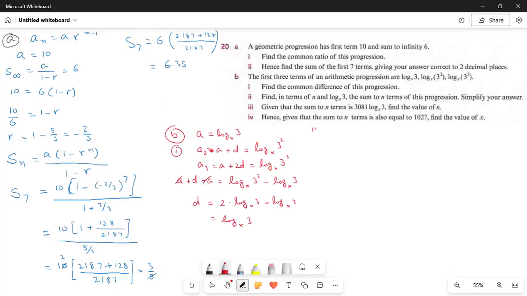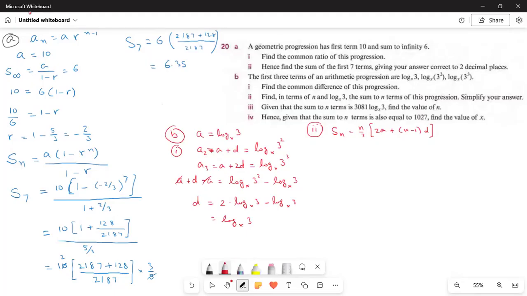Now I'm doing the second part. Find, in terms of n and log x³, the sum to n terms of this progression. Remember, for an arithmetic progression, the sum of n terms is n by 2 times (2a plus (n minus 1) into d).